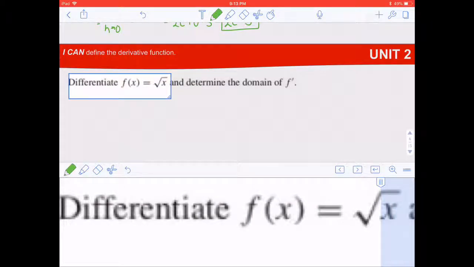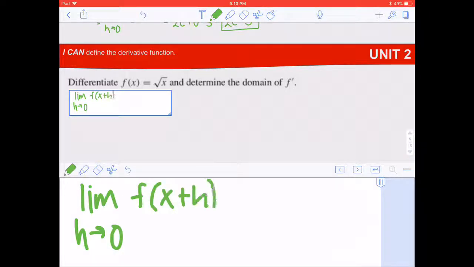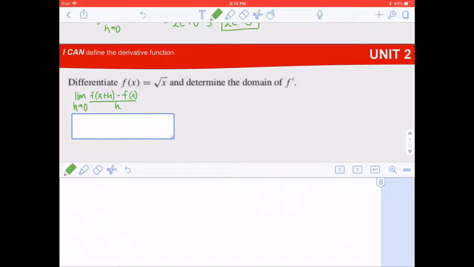Moving on to the next problem, it says differentiate f of x equal to the square root of x and determine the domain of f prime. So we're going to go ahead and use the third form that we saw here, which is the definition of the derivative as the limit as h goes to 0 of f of x plus h minus f of x all over h.